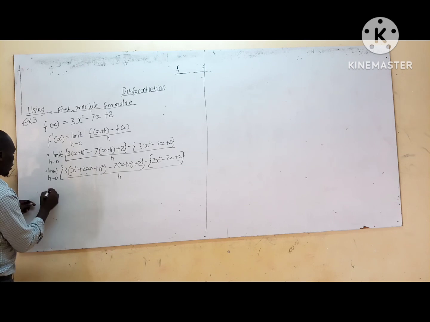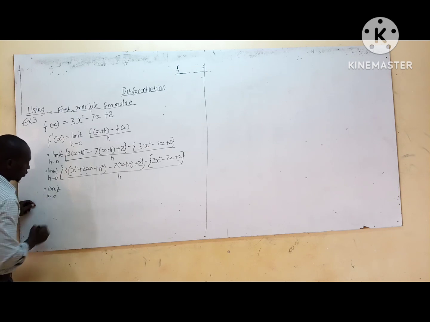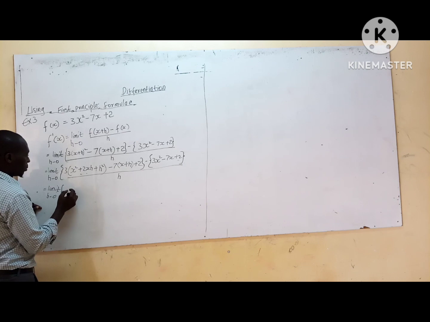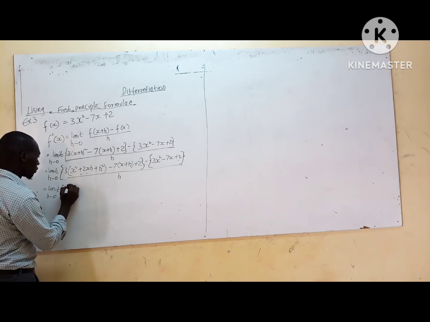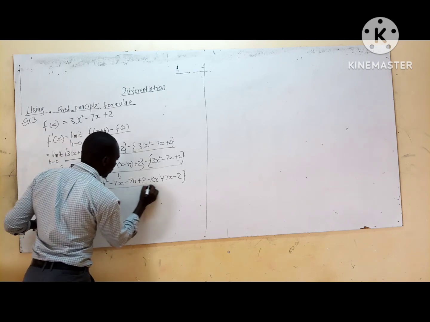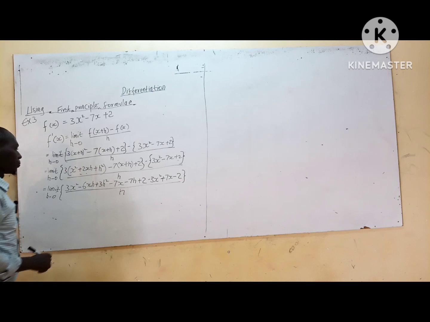We have within this bracket, we are going to have limit h approaching 0 will be 3. Everything now will be 1 over h.